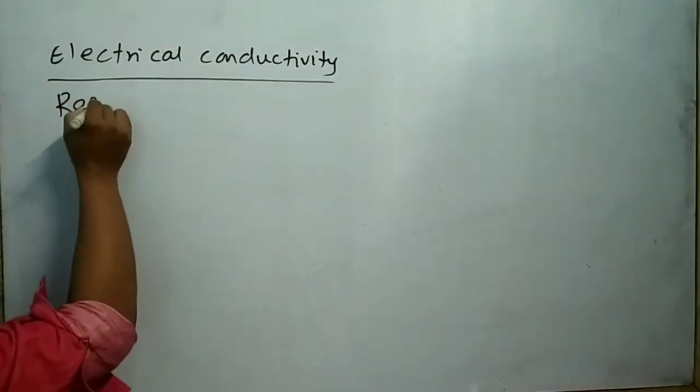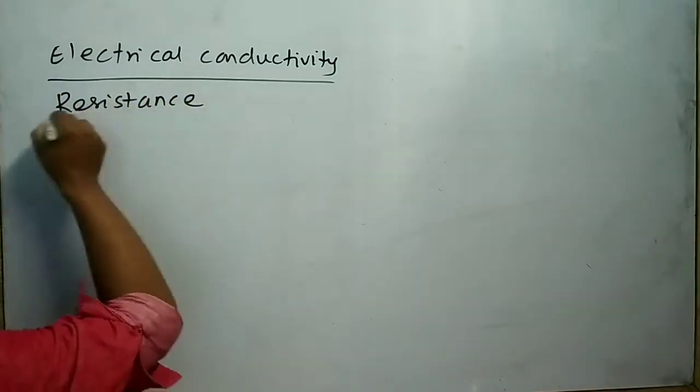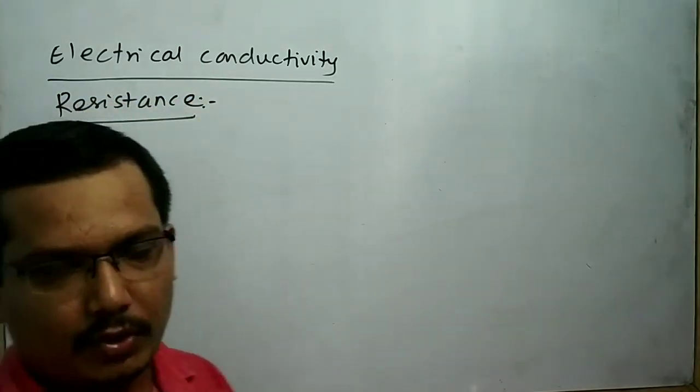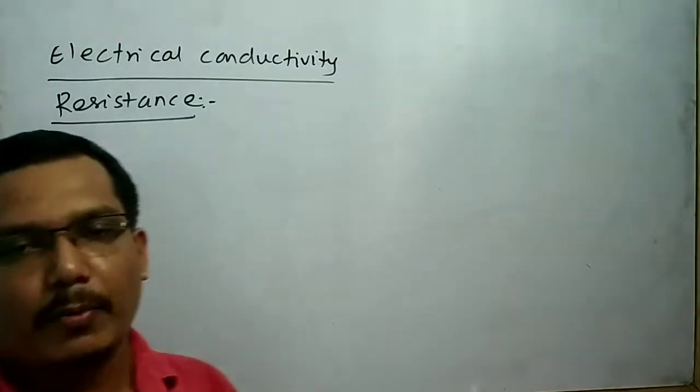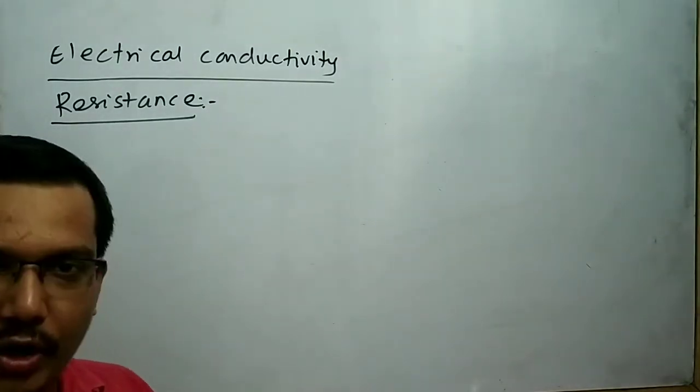Next I will explain the resistance. Resistance is an opposing force which opposes the flow of electrical current through a conductor.